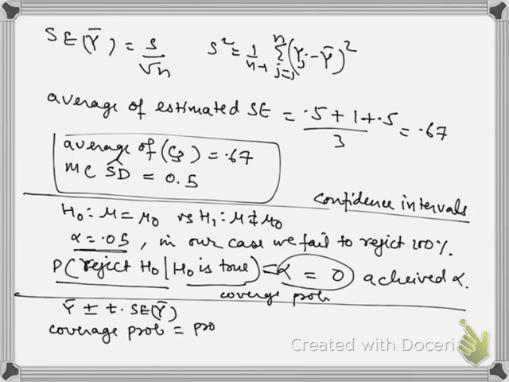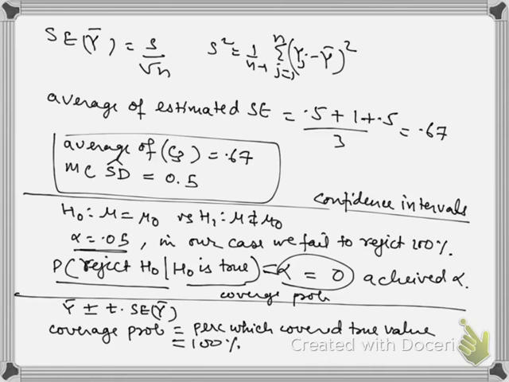So the coverage probability is the proportion, or I should say percentage, which cover the true value, and that is 100%, right? All of them covered.